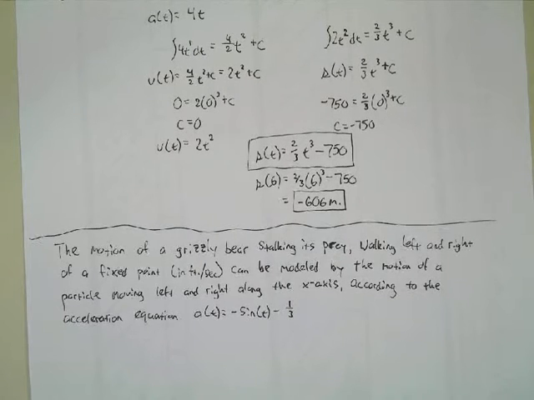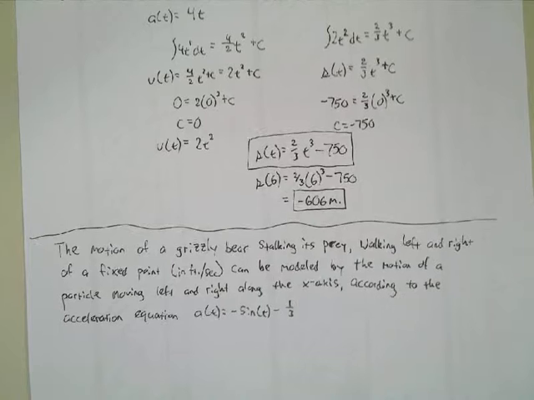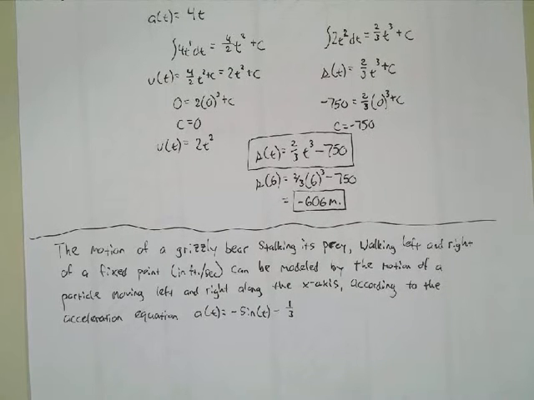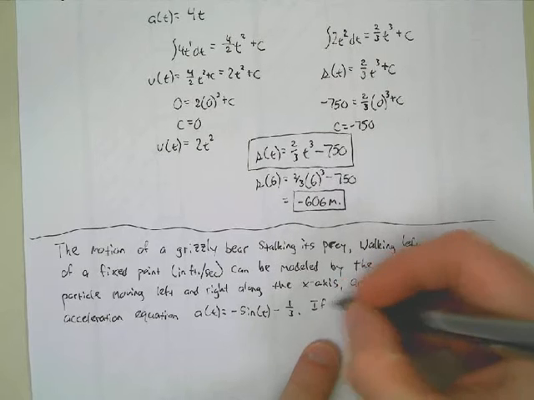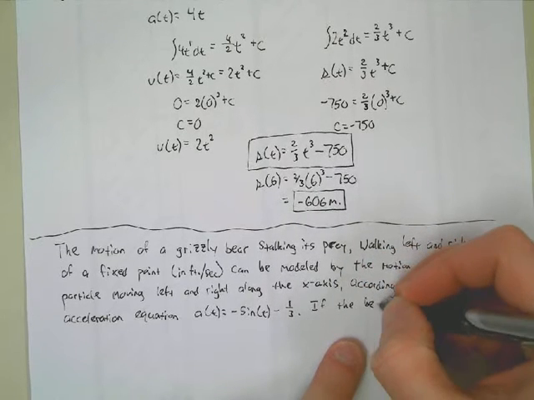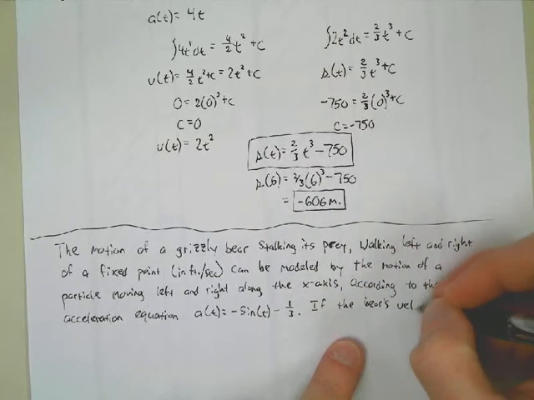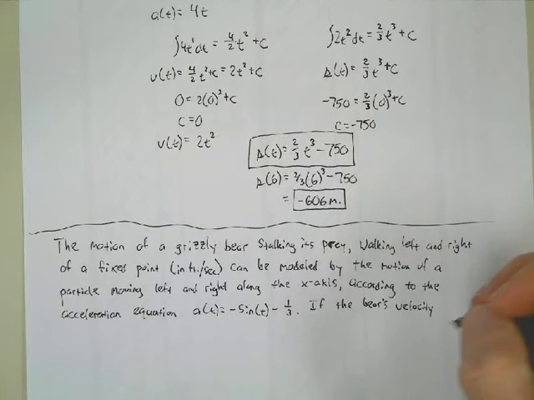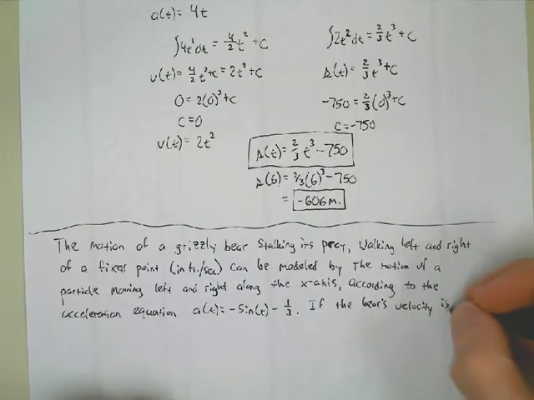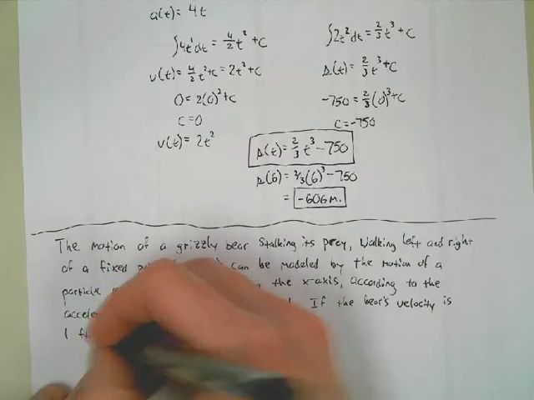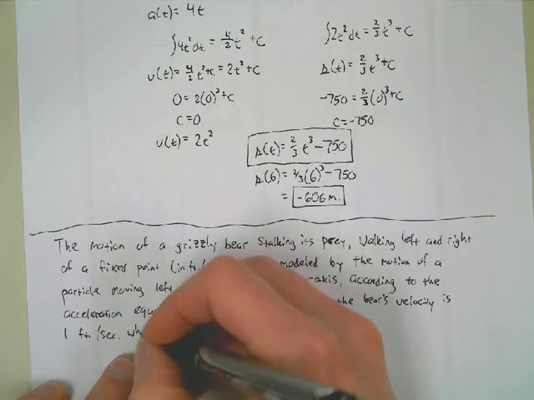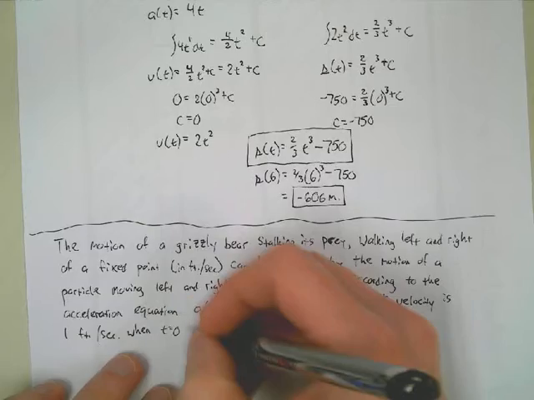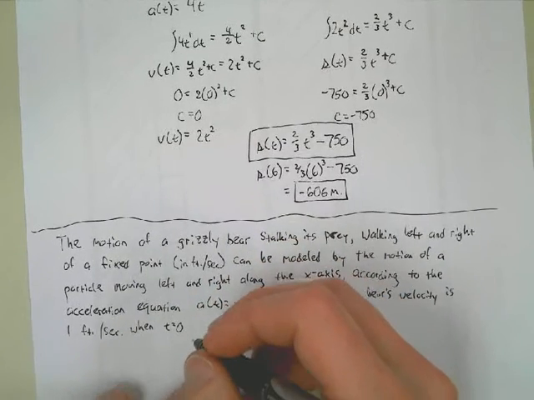All right. If the bear's velocity is 1 foot per second when t equals 0, dot dot dot.